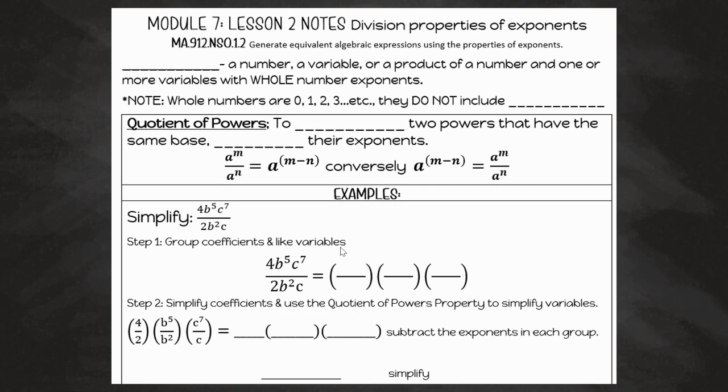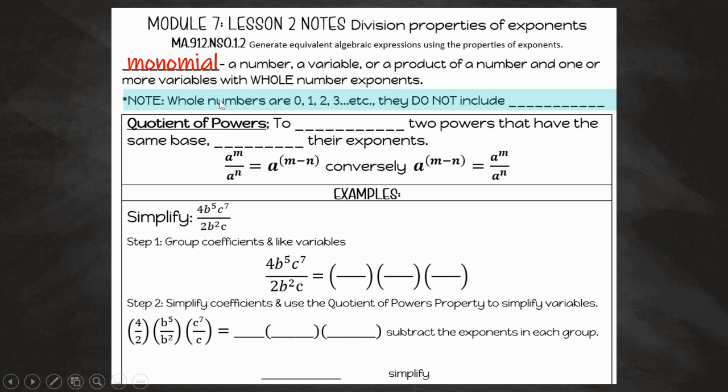Okay, so the standard we're focusing on is to generate equivalent algebraic expressions using the properties of exponents. And one of the things I want you to keep in mind is what is a monomial. So a monomial is a number, a variable, or a product of a number and one or more variables with whole number exponents.